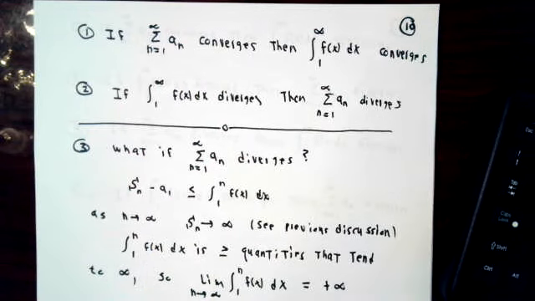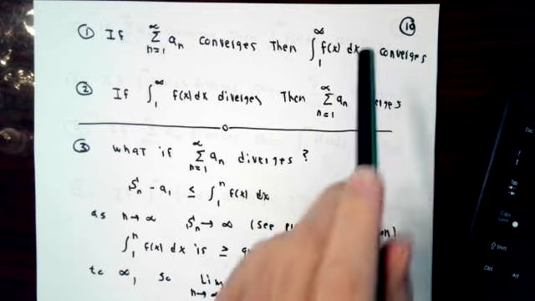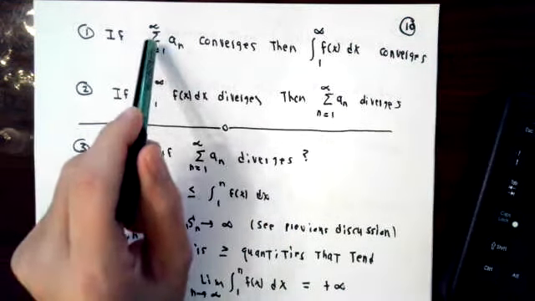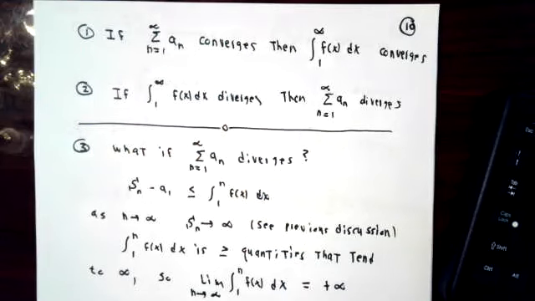This is a conditional statement. It's one of these if P then Q things. That is logically equivalent to its contrapositive, which is if this is not true, then this is not true. So I get a second fact for free.